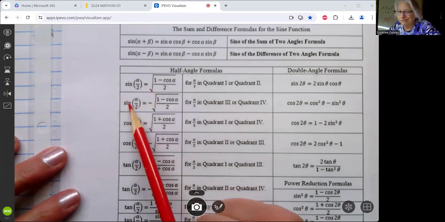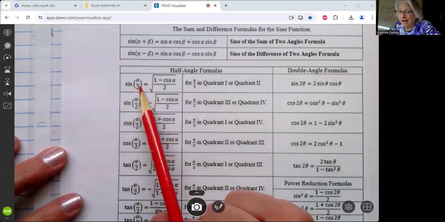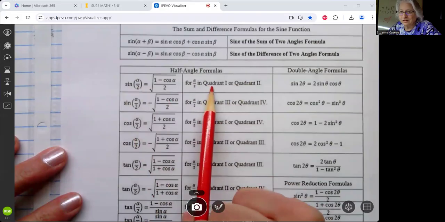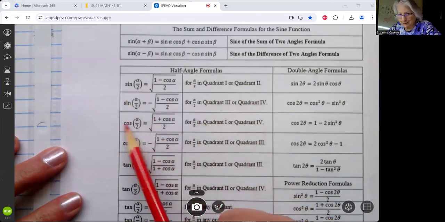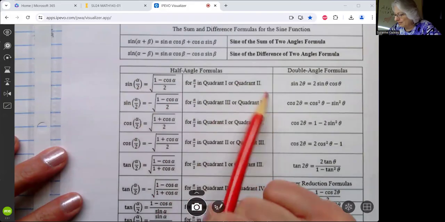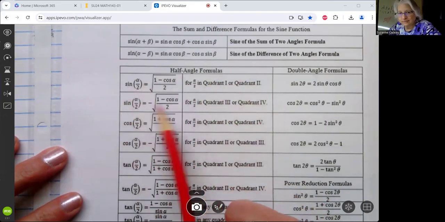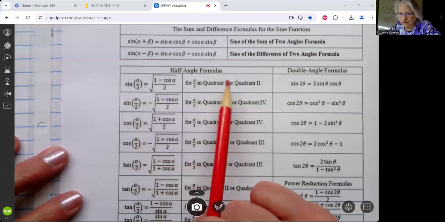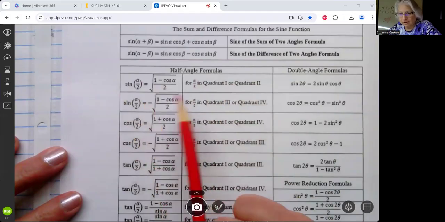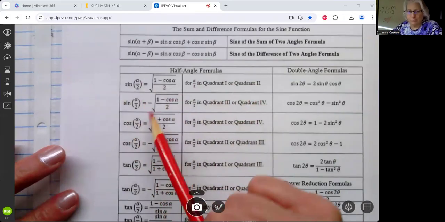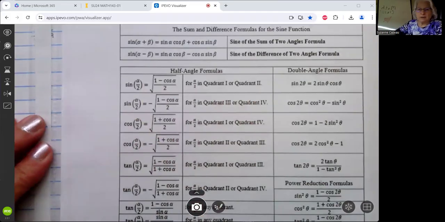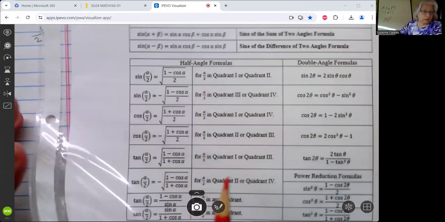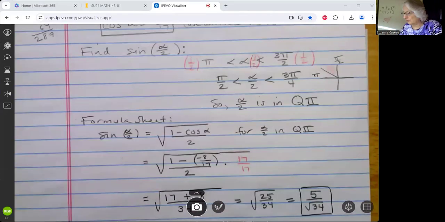Sine is positive in quadrants 1 and 2, all students take calculus, and negative in quadrants 3 and 4. That's why this is written out like that. But this radical is the same radical. I wanted to point that out because it looks complicated, but it's really all about sine being positive or negative.